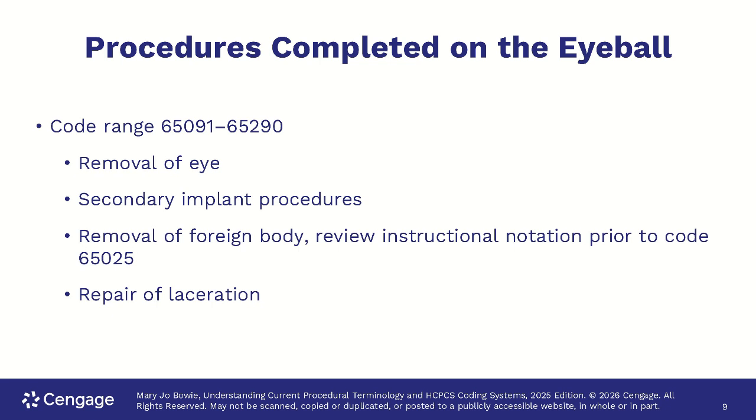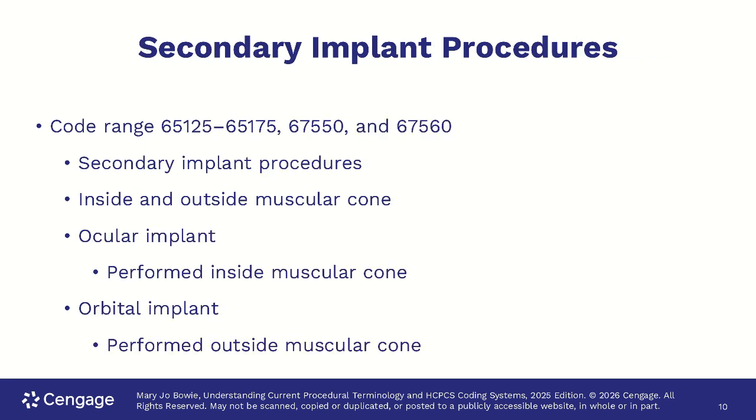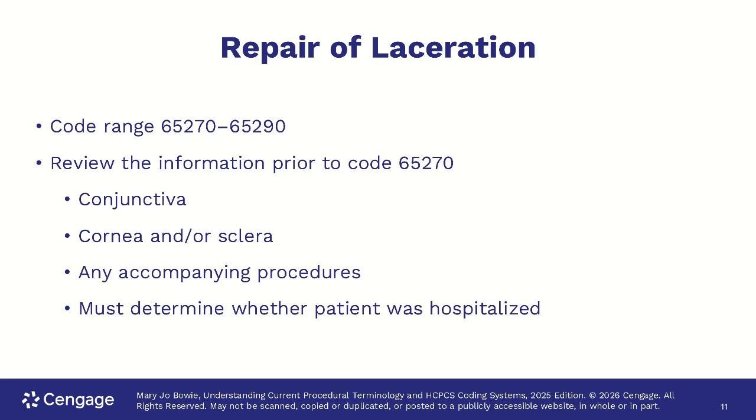Then we have repair of lacerations of the conjunctiva and cornea. And those codes are differentiated based upon if the patient is hospitalized or not. Oh, and I already told you about ocular and orbital, so we'll just keep on going.